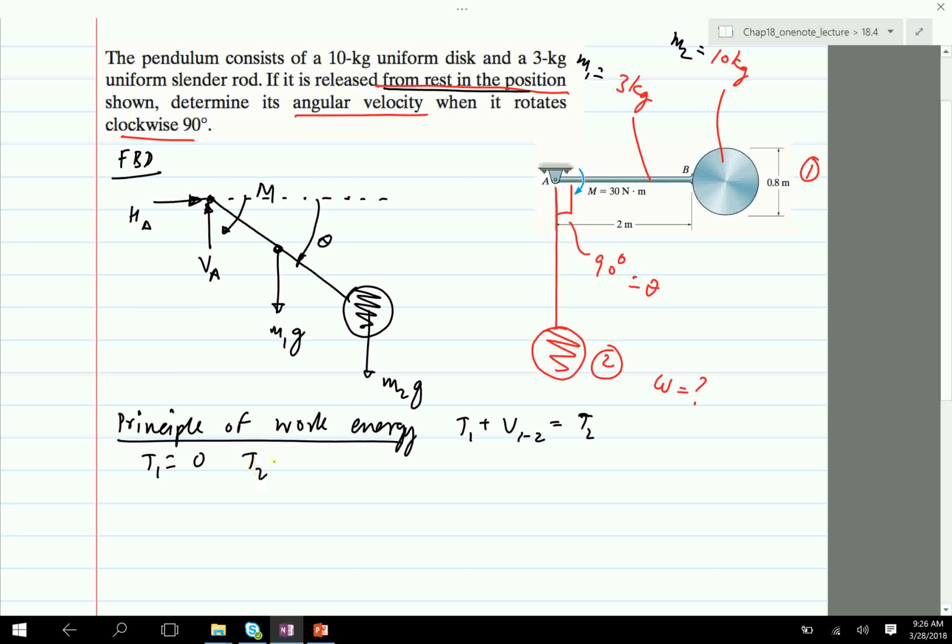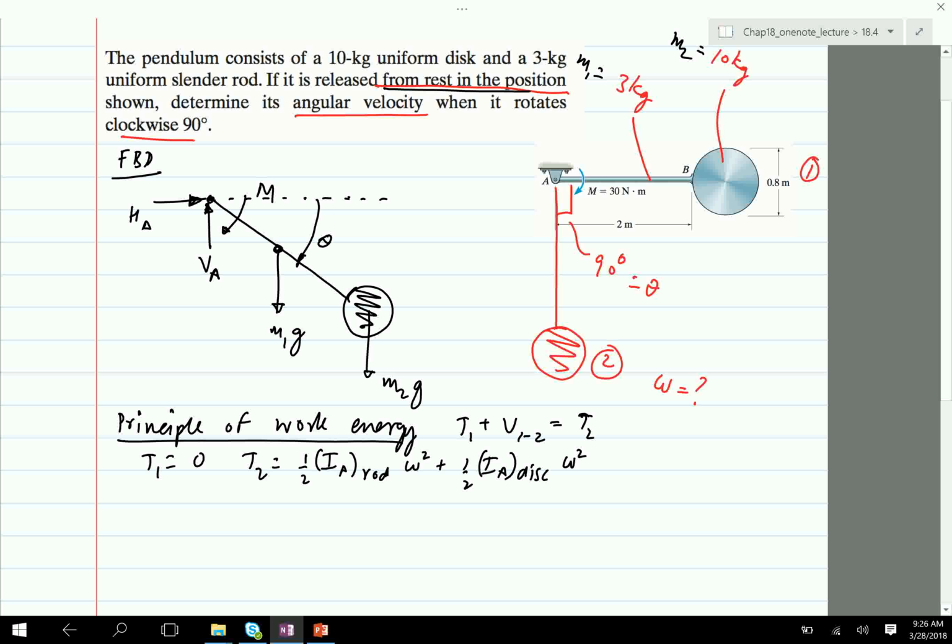To find T2 we need to find the energy of the composite pendulum, which consists of a slender rod and the disk. Okay, and we need to find the inertia about A. So half inertia about A for rod omega square plus half IA for disk omega square, right?